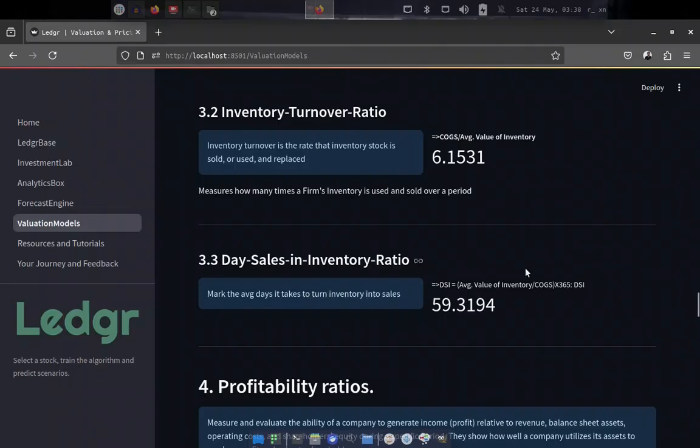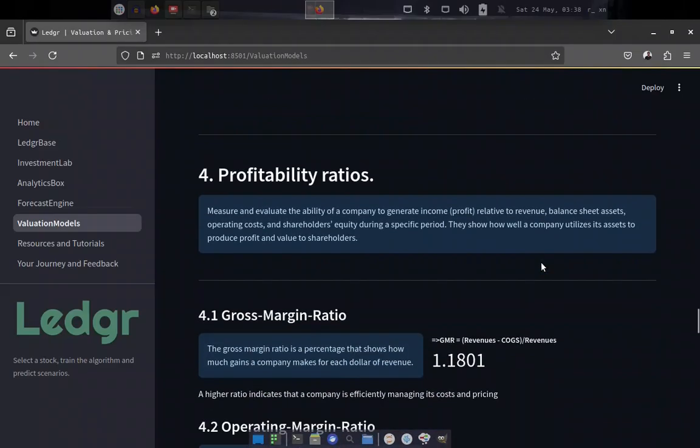Next come the profitability ratios. This is a metric which gives us an estimate of how much the various costs are and how much revenue a company can generate along with shareholders' equity during a specific period.